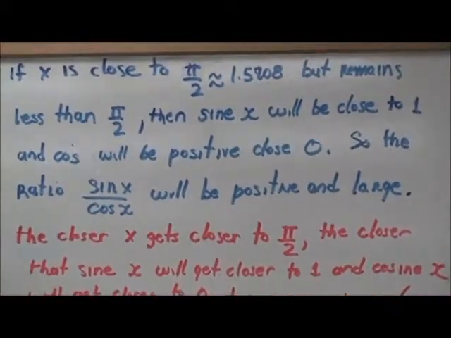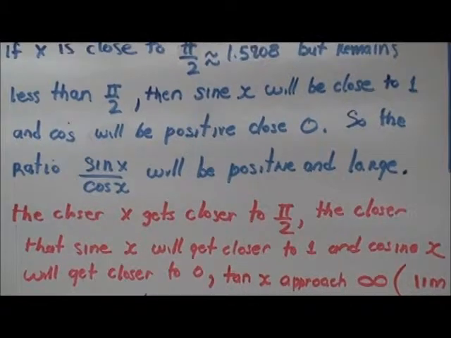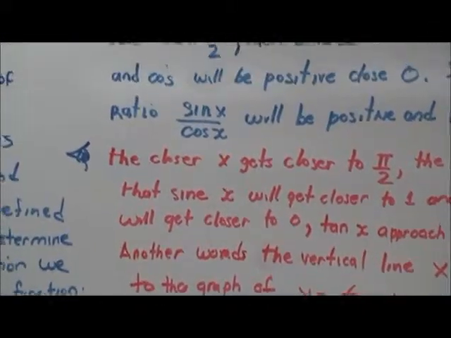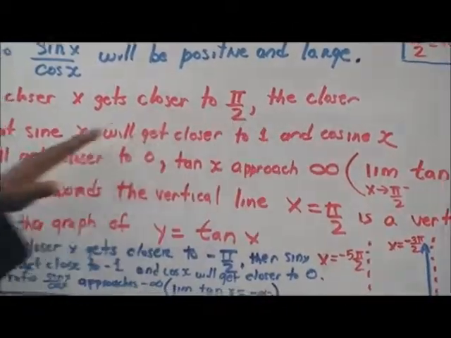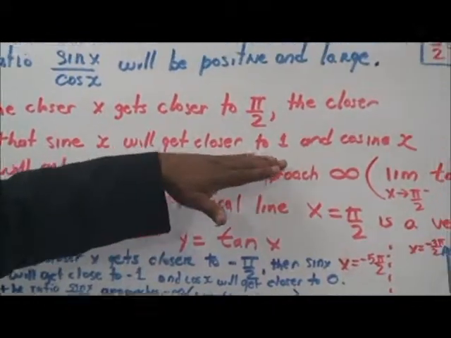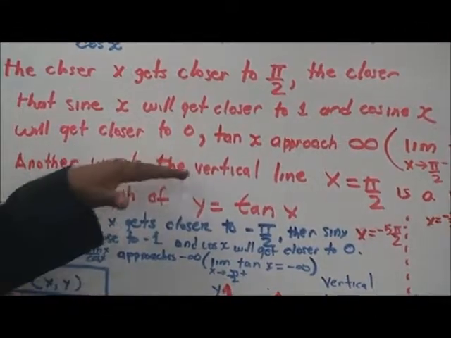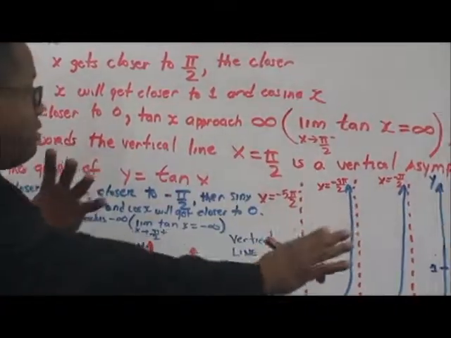So the ratio sine x over cosine x will be positive and large. The closer x gets to pi over 2, the closer sine x gets to 1 and cosine x gets to 0. So tan x approaches positive infinity.